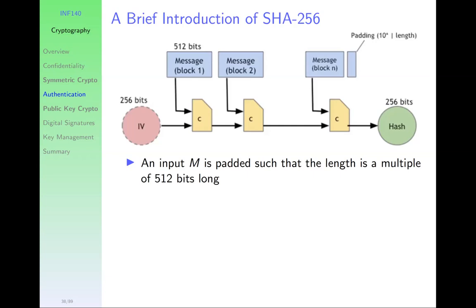Then the second block goes to the same compress function, and here the output of the first block goes into the second block, and so on and so forth. So till the last block, you have the input from the previous block and another input from the message.